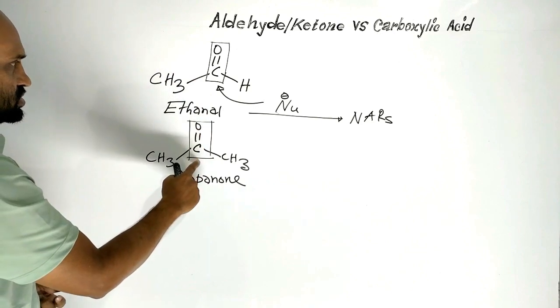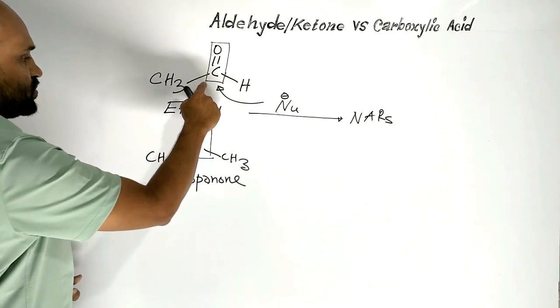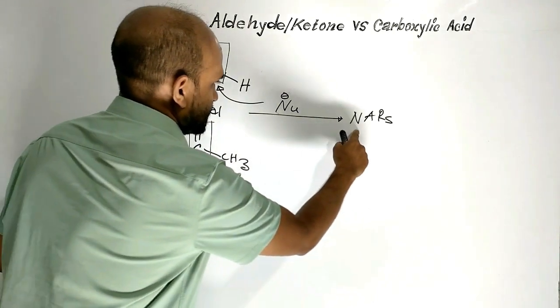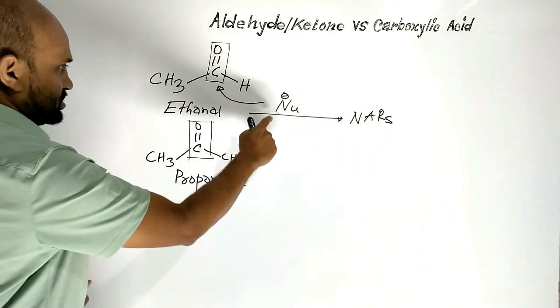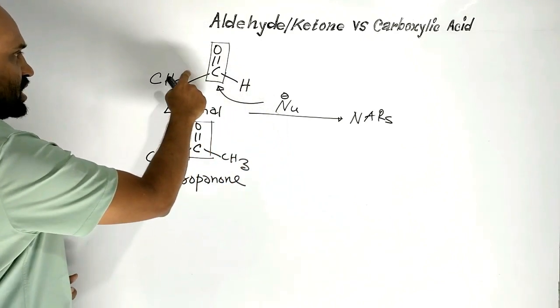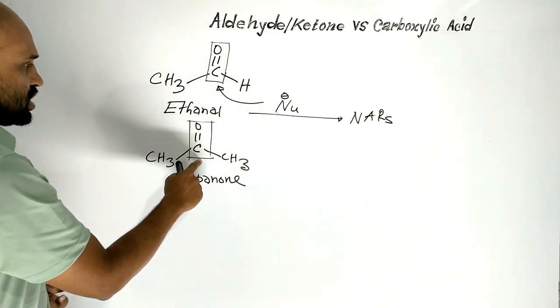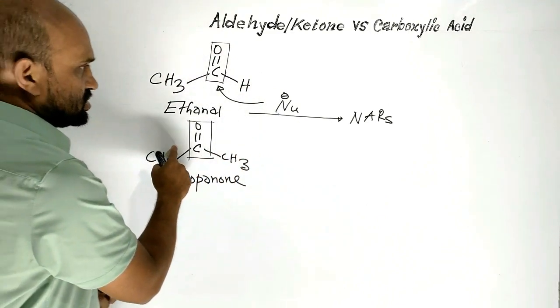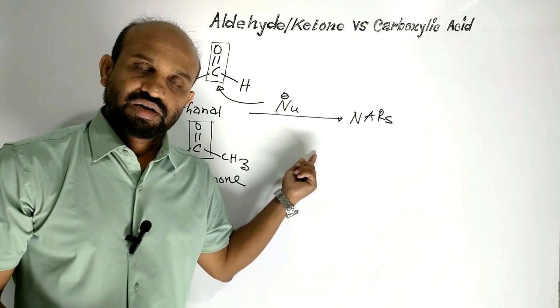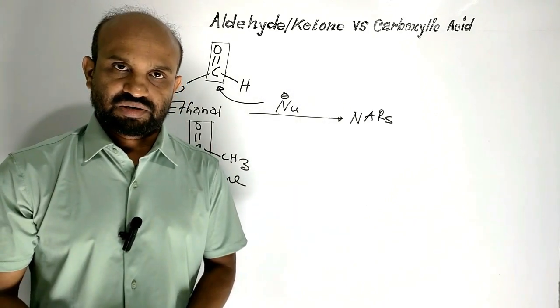Aldehyde and ketone that contain a carbonyl group, C=O group, undergo nucleophilic addition reactions. A nucleophile combines with the carbonyl carbon of aldehyde and with the carbonyl carbon of ketone.